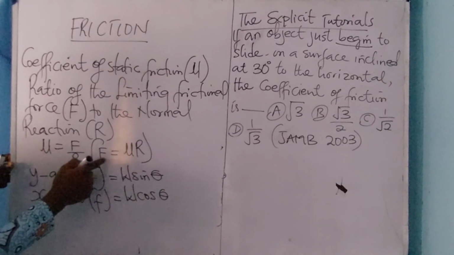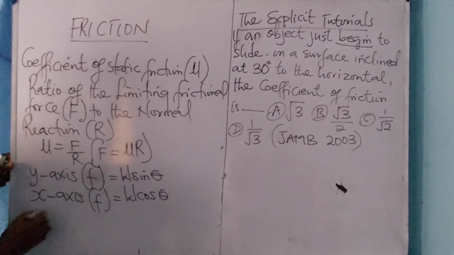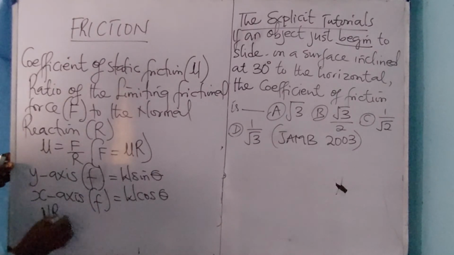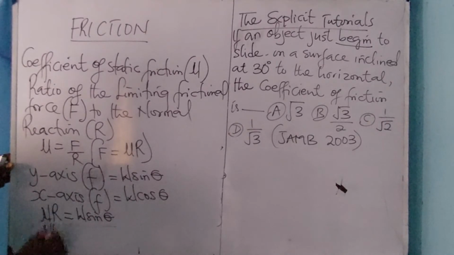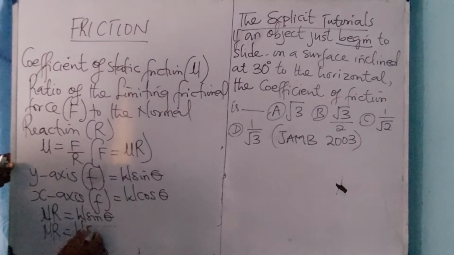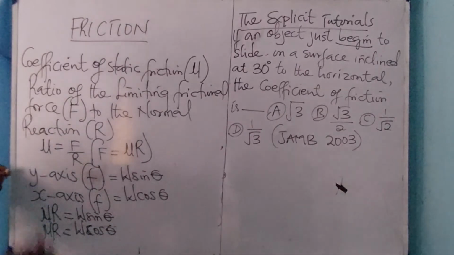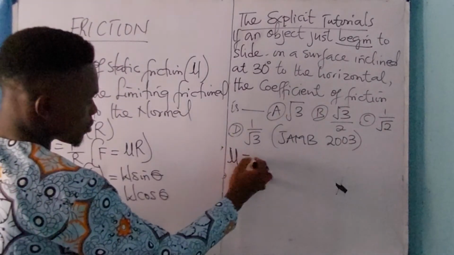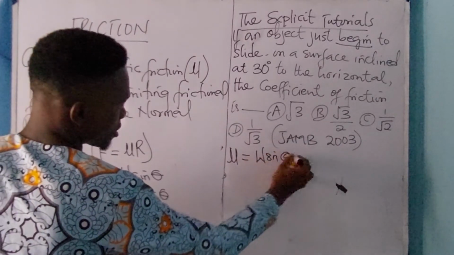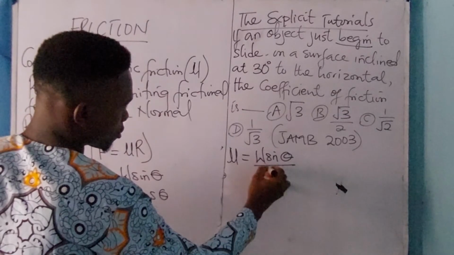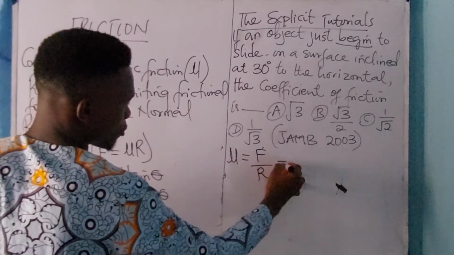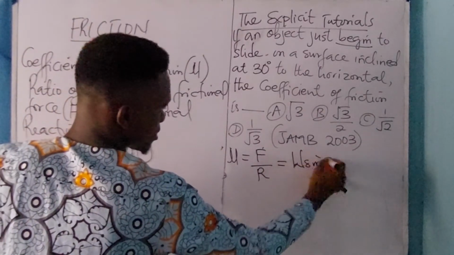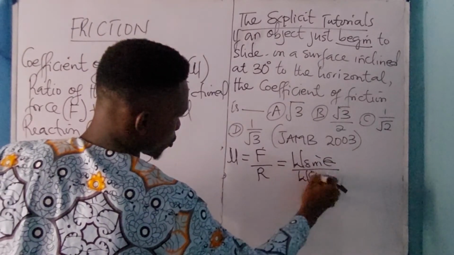Since F is this, the static friction reaction equals W sine theta, then you have the other one, which is the normal reaction equals W cos theta. But the coefficient of static friction equals W sine theta over, now I gave us that it is F over R, therefore it is W sine theta over W cos theta.